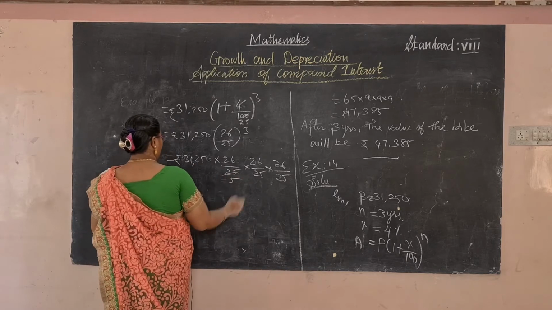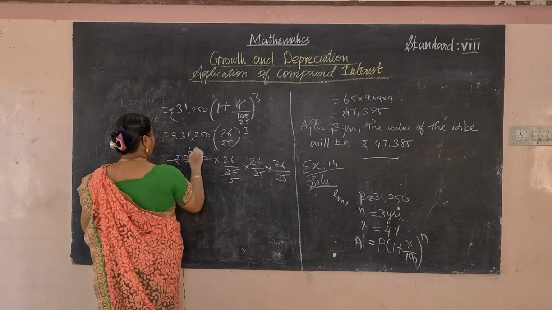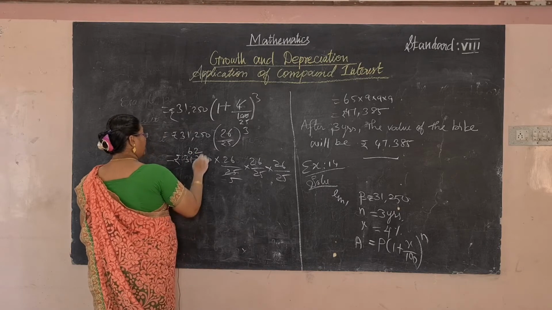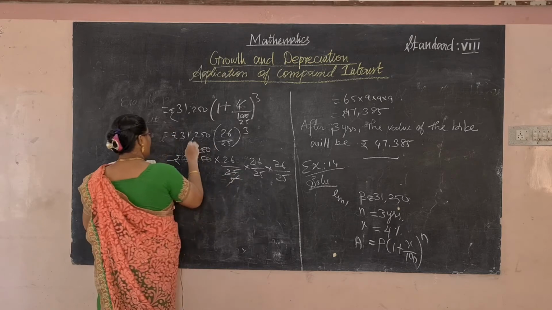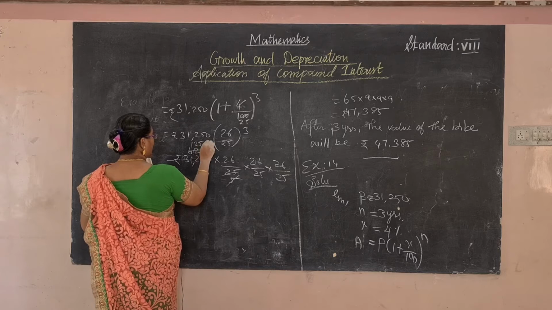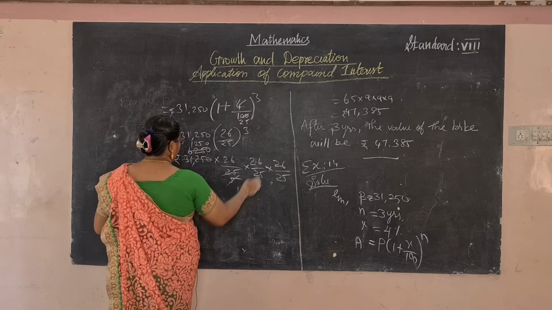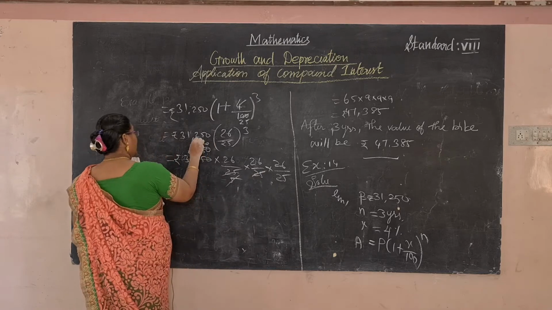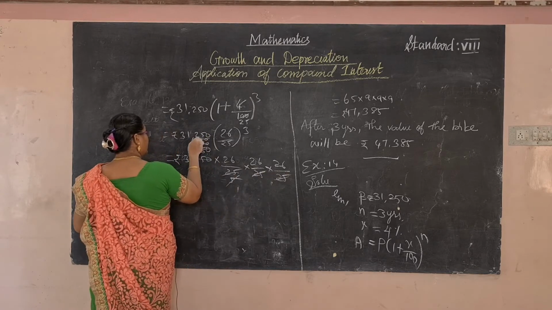5 6s are 30, 5 2s are 10, 5 5s are 25, remaining 1, 2s are, 5s are, okay, 25, 5s are 50, 25, 2s are.